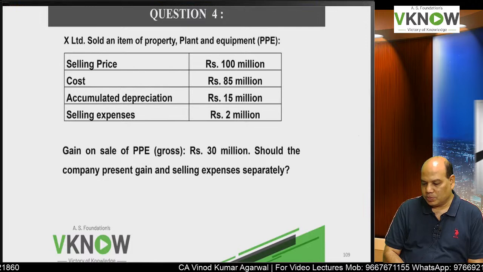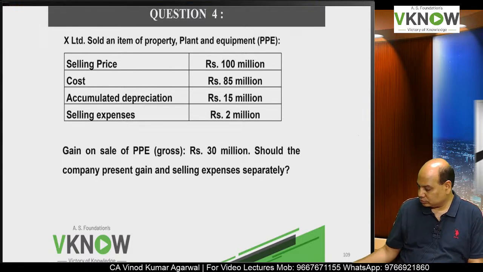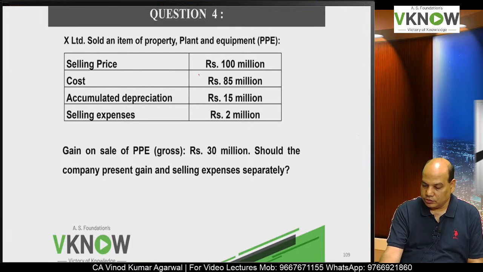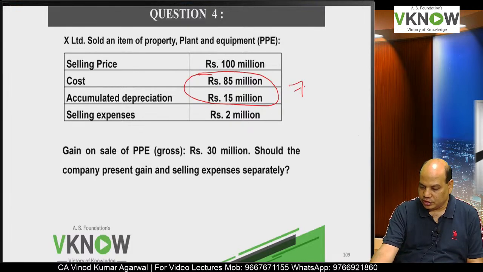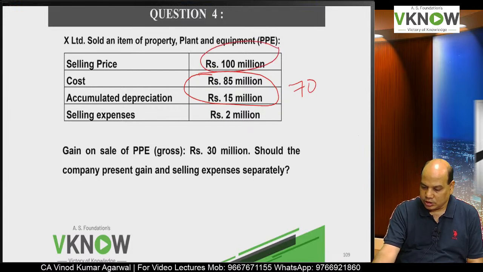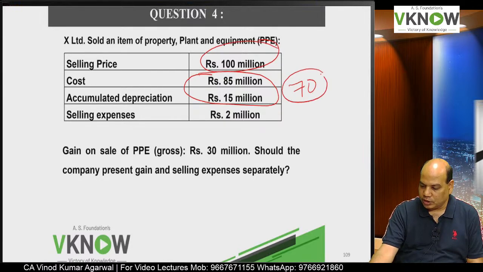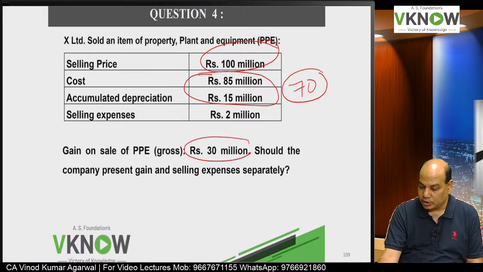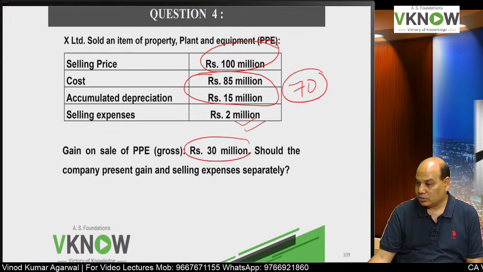Gain on sale of PPE gross is 30 million. How has this 30 million come? Any guesswork? Cost minus accumulated depreciation is 70. 100 is the selling price, book value 70, so 30 is profit, but you have also incurred 2 million as expense.